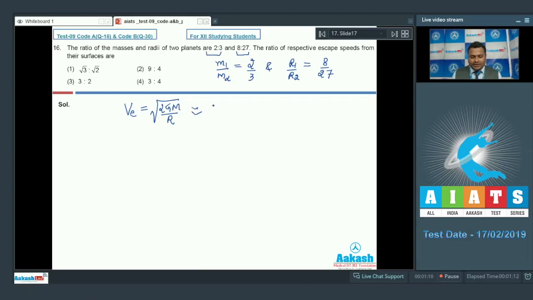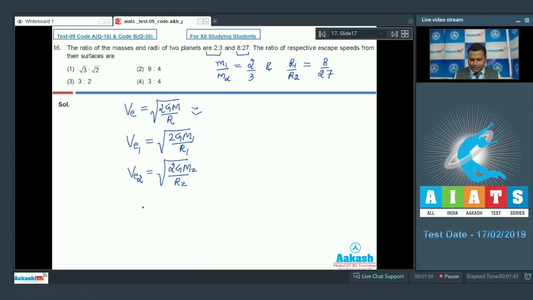Using the expression for escape speed, we can write the escape speed for the individual planets. The escape speed for planet 1, VE1, equals under root 2GM1 divided by R1. On the other hand, the escape speed for the second planet, that is VE2, is given by under root 2GM2 upon R2.